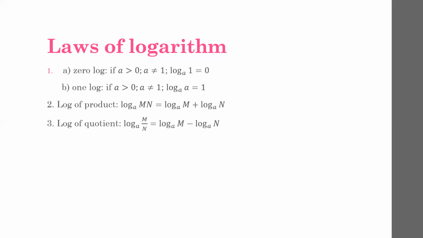The log of product and log of quotient are kind of the same. When there is multiplication, there will be plus, and if there is division, then the minus sign will be used. Next is the log of power law. Log a of m to the power r equals r log a based m.